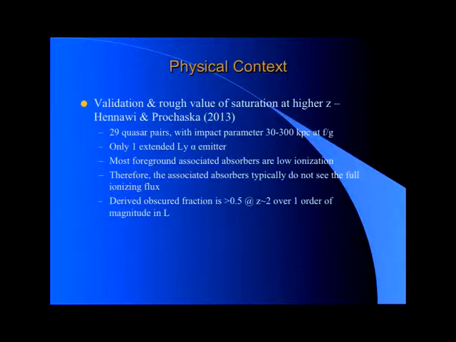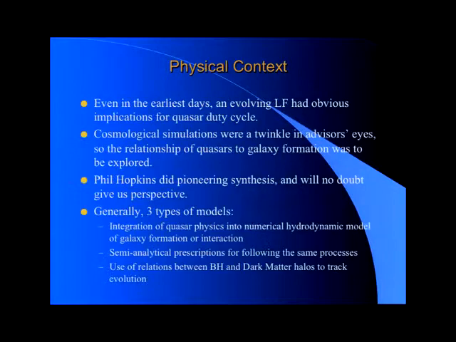And they almost never see high ionization systems that you would expect if you were looking down the UV nozzle of some accreting quasar. They're mostly low ionization systems. So for most of the sky, the quasar radiation isn't seen in its own vicinity. So that's a validation of this fraction, the saturation fraction of about a factor of 2 at a certain redshift range and so on.